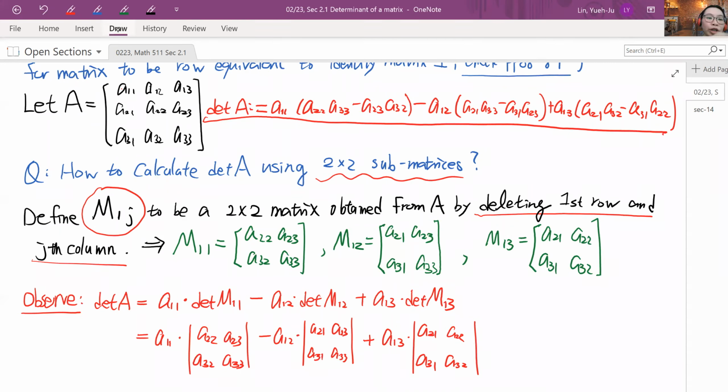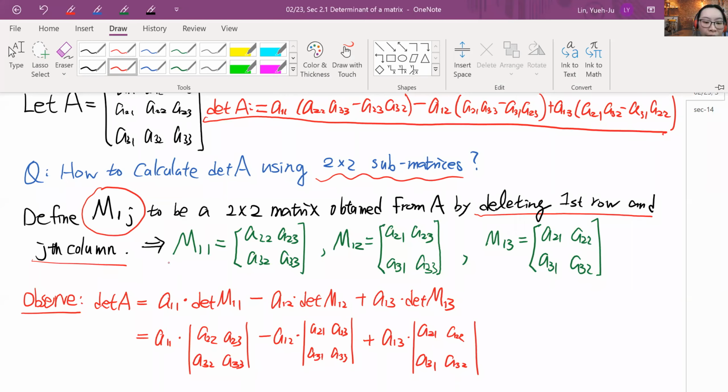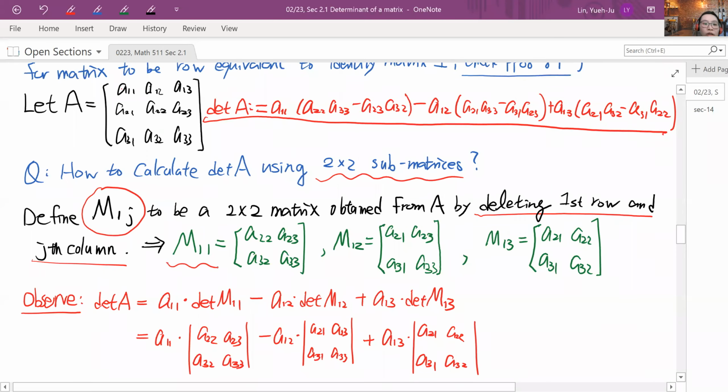Let me give you 3 examples. You could have M11. That means if you look at the original A, you cross out the first row and first column, and then you are left with a 2 by 2 matrix. This would be A22, A23, and A32, A33.